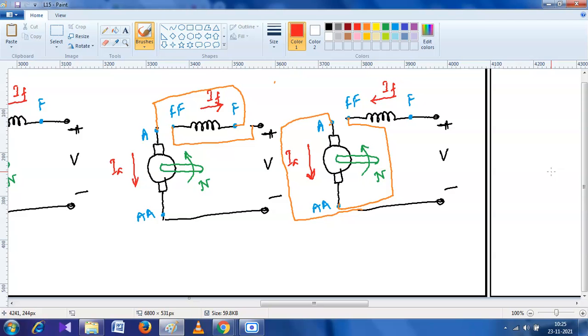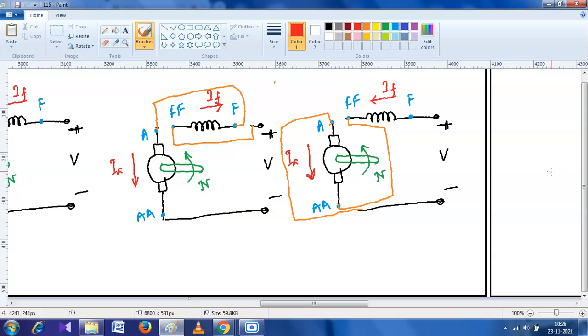Write down your home task. Draw the connection of compound type DC generator so that the direction of motor will reverse.